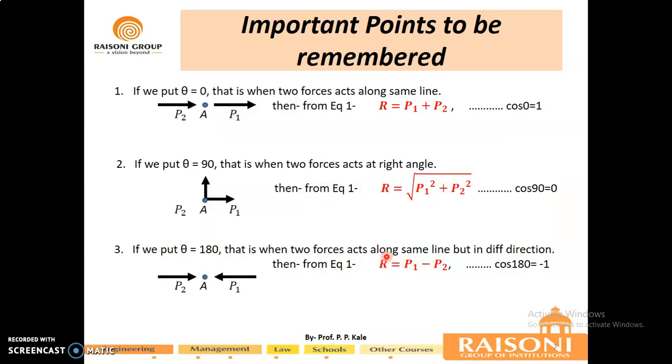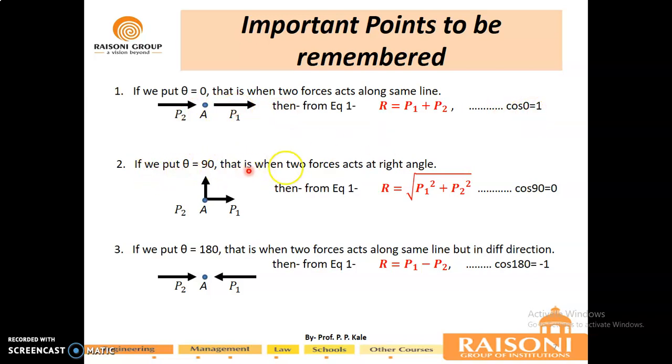Now important points to be remembered for this particular law of parallelogram. If we put theta equal to 0, it will give you resultant equal to P1 plus P2. It means both forces are acting on the particle in the same line and in the same direction, because cos 0 is 1.